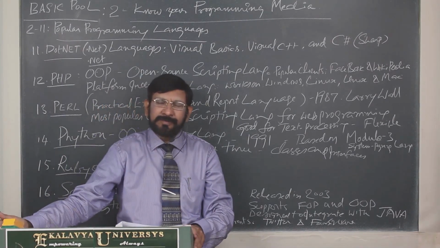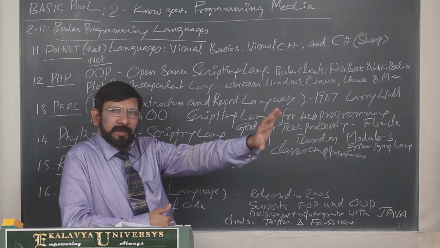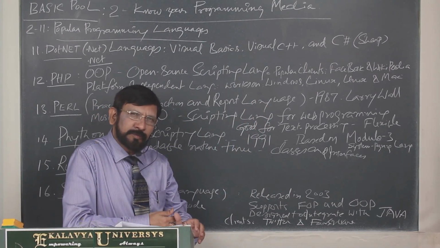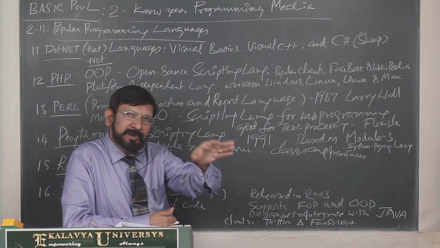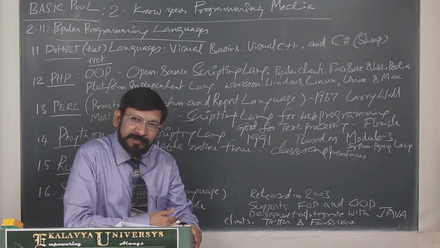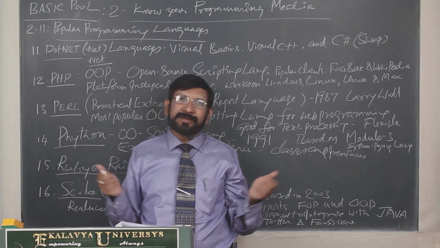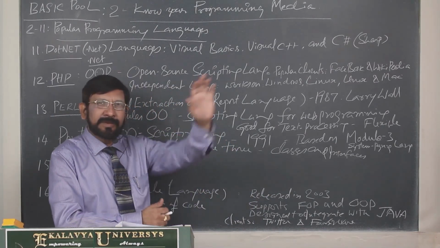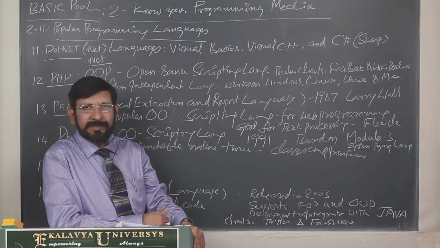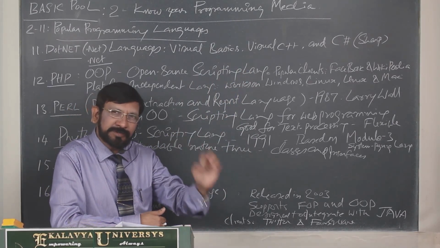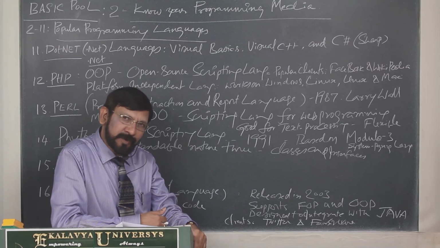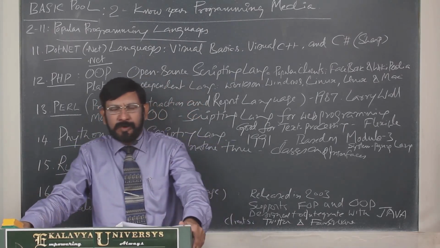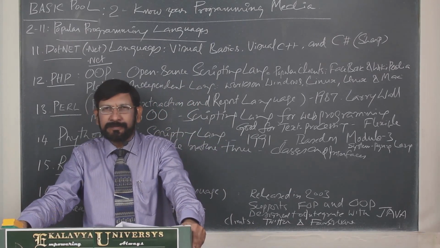If, let us say, three components of a project are developed in three individual .NET languages, they can be integrated. The .NET platform allows integrating them as one project. Understand? That is the unique specialty of the .NET platform. These are easily distributable on the internet.